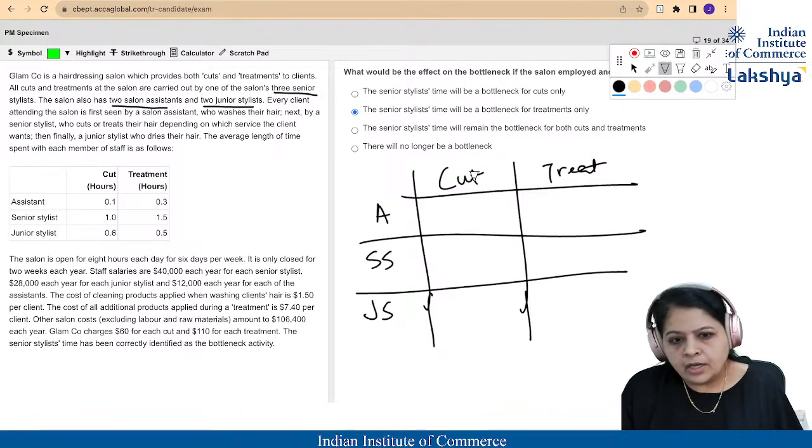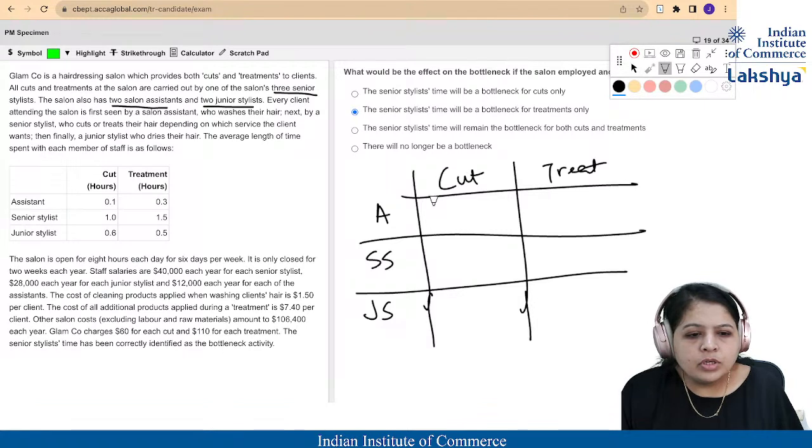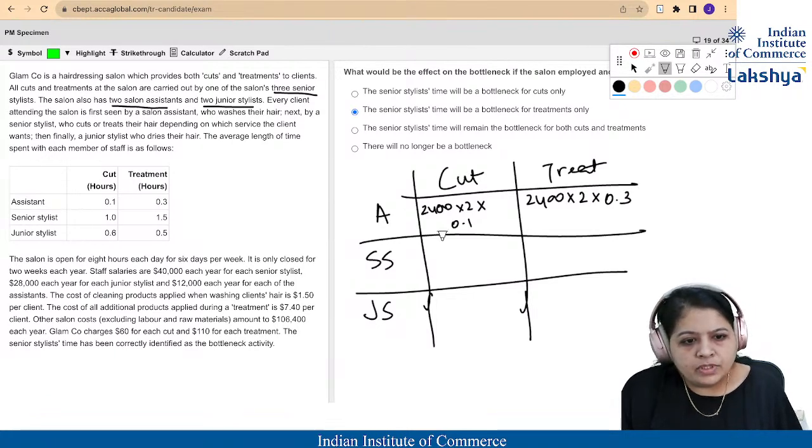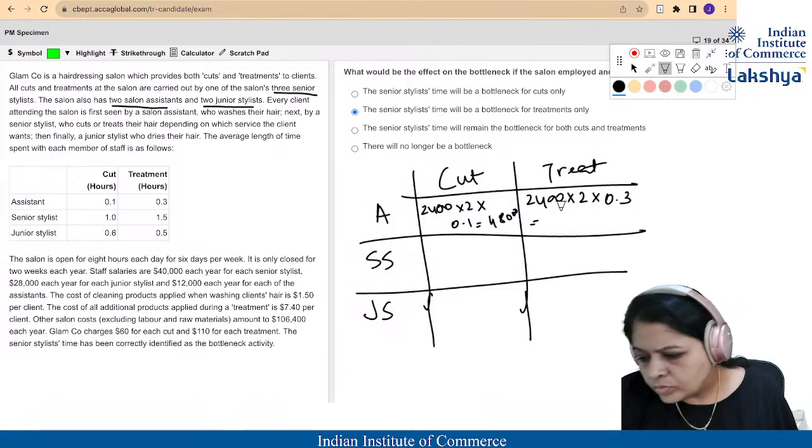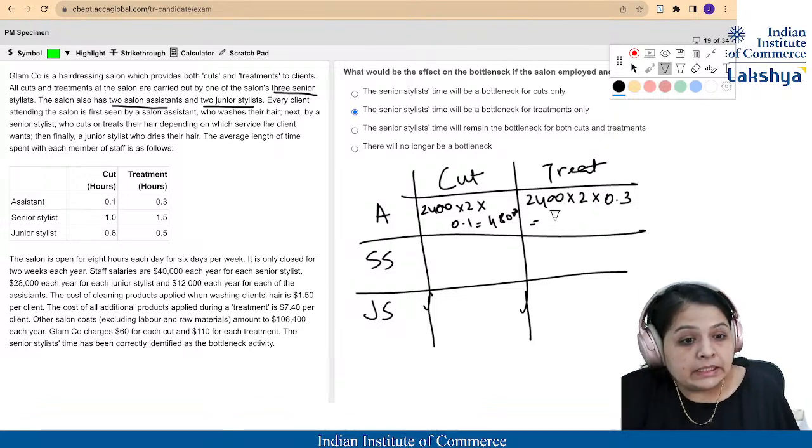So the cuts are going to be 0.1, right? So two salon assistants, that means 2400 into 2 into 0.1, and 2400 into 2 into 0.3, right? So with the same logic, now this value comes to 48,000, and this value comes to 16,000.